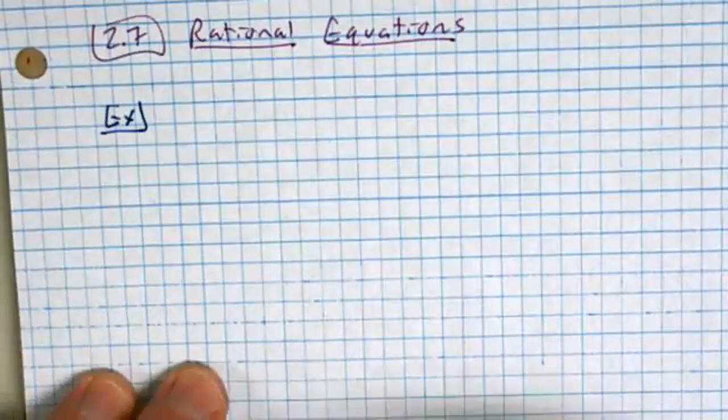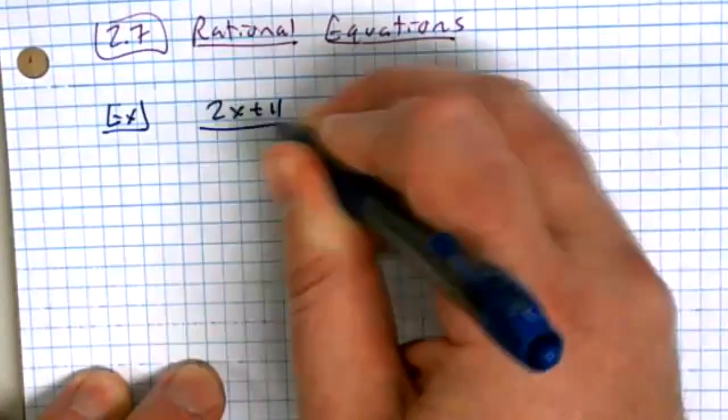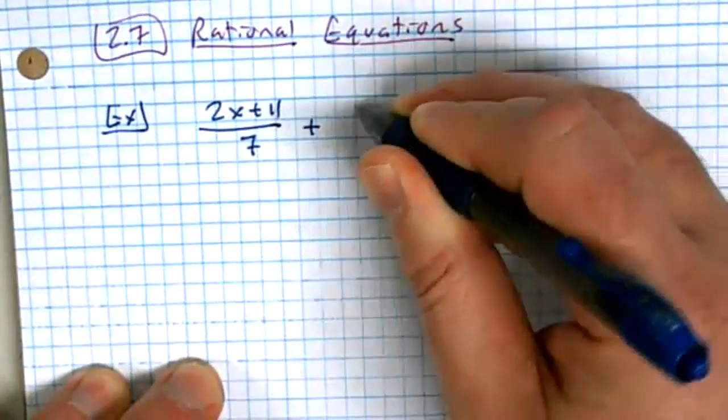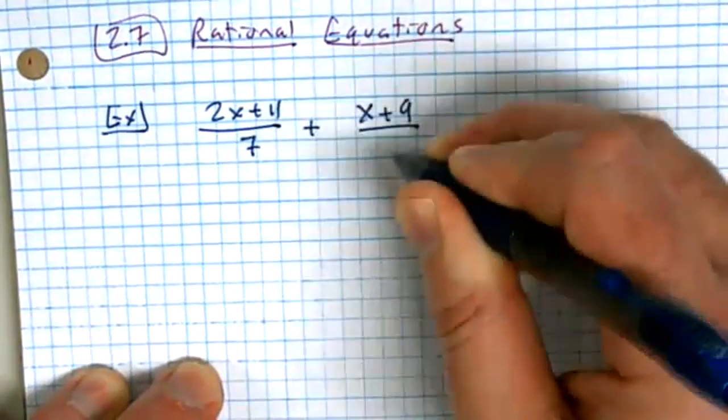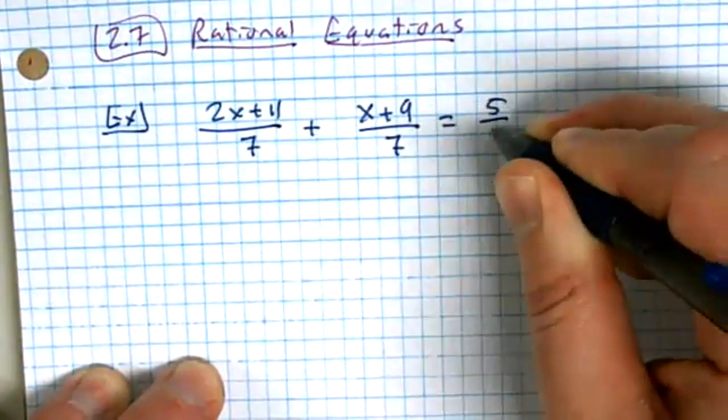So example the first is the equation 2x plus 11 all over 7 plus quantity x plus 9 all over 7 equals 5 over, you guessed it, 7.